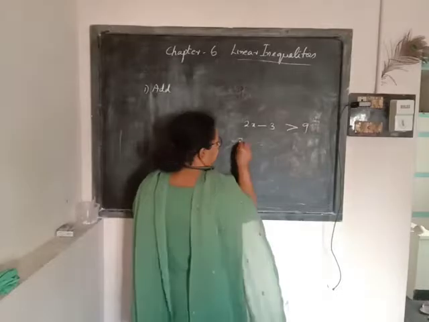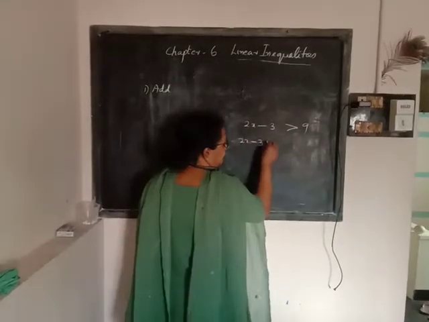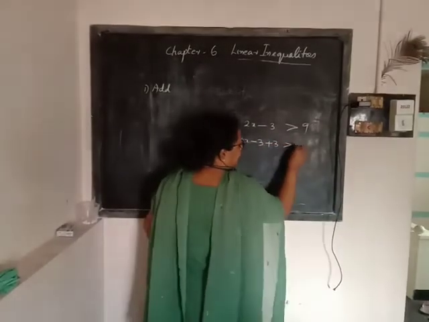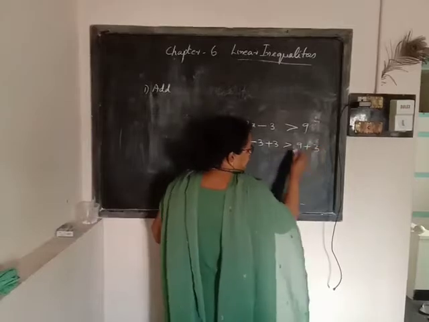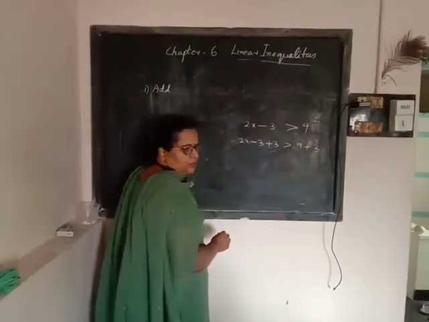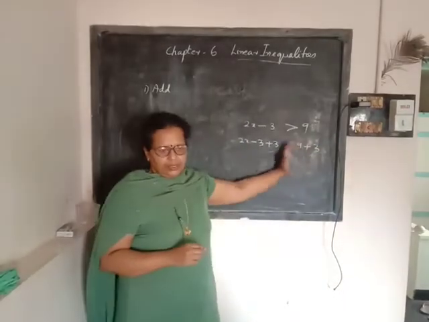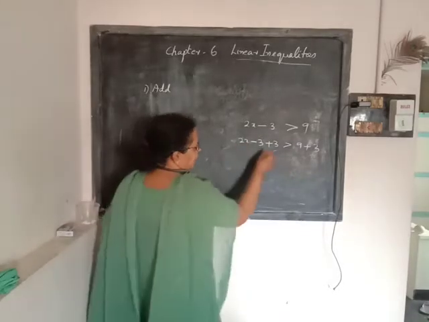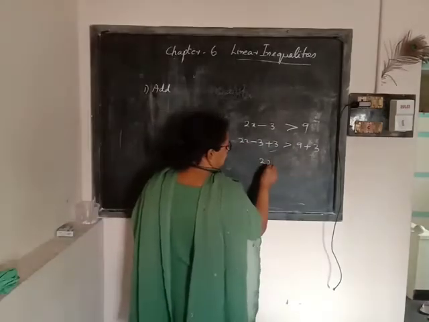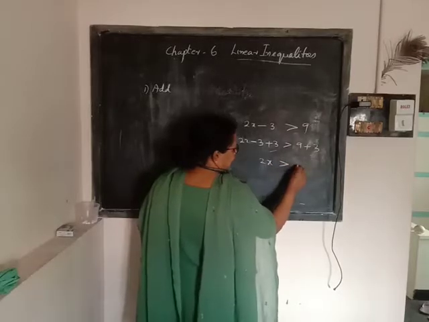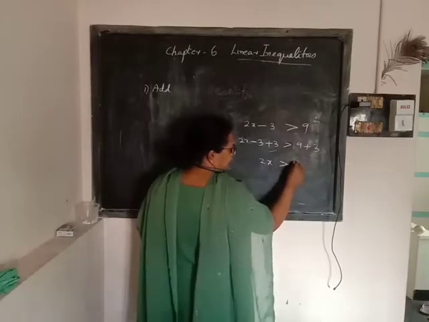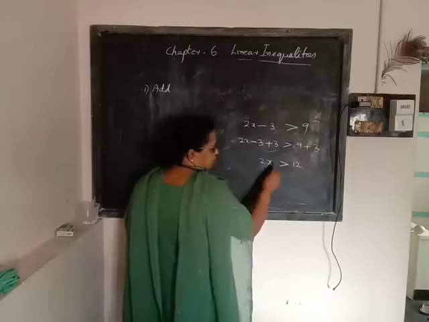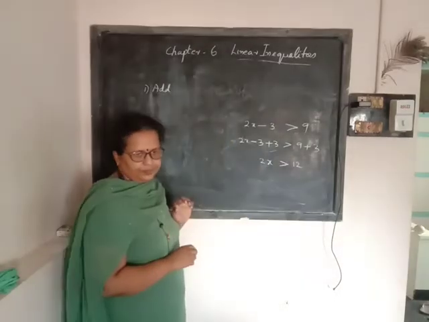So it will become 2x minus 3 plus 3 greater than 9 plus 3. So I added 3 to both sides of the inequality, just the same rule as an equation. So I am getting 2x greater than 9 plus 3. What is 9 plus 3? 12. So 2x greater than 12.